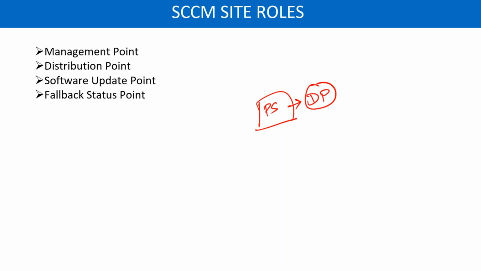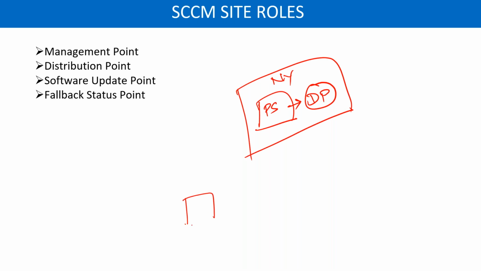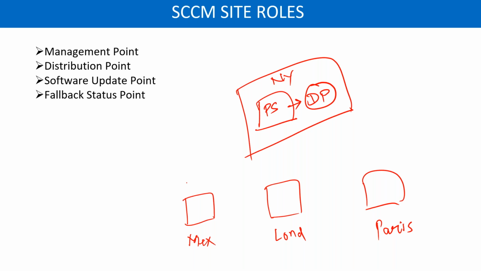Let's say this setup is in New York, in headquarters, and you have your branch offices in different locations, let's say Mexico, then London, and then Paris. Now you have a DP, a distribution point, here and here.